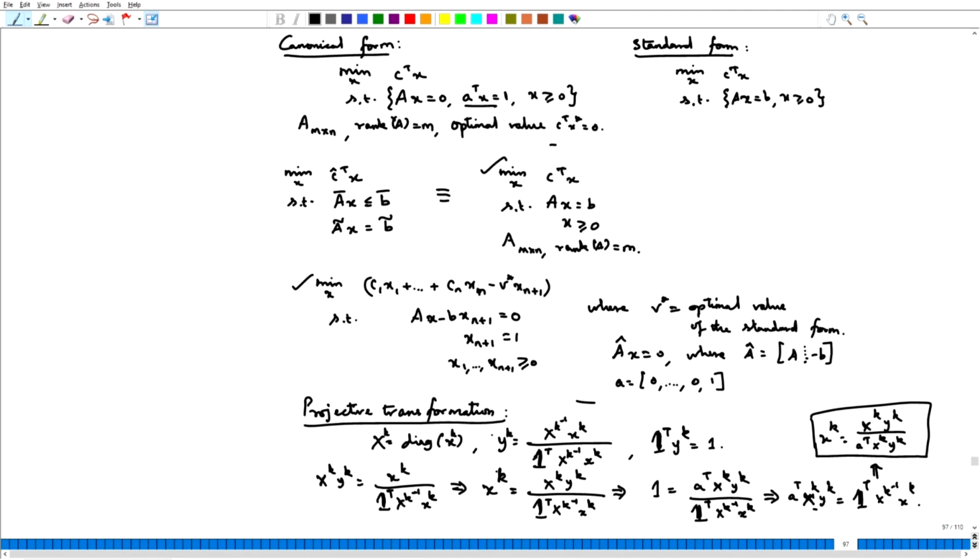So, this is the projective transformation by which x is converted to y, and this is the reverse projective transformation where y is converted to x, okay.